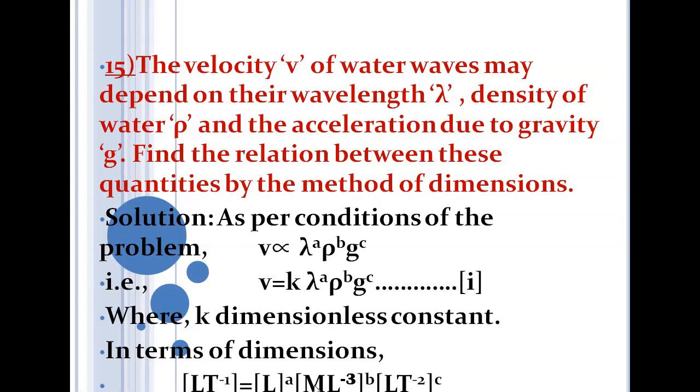Rewrite this equation, we get in general M0 L1 T minus 1 and M b. There is only one term for the M, b, and L power a minus 3b plus c. Second term, and for the time only T power minus 2c.